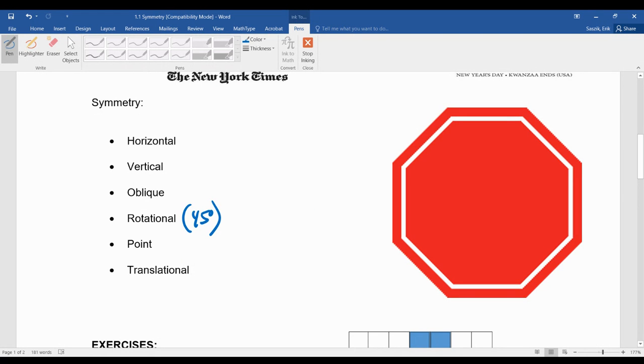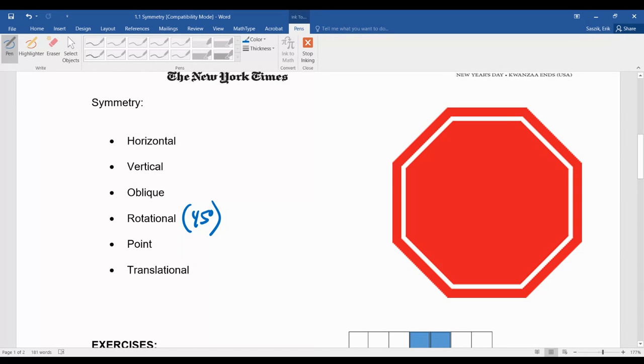This also has 90-degree rotational symmetry, but if you have rotational, you list the smallest number of degrees that are available. If the only rotational symmetry that exists is 360, we don't even say it as rotational then, okay? So rotational is something other than 360, but you list the smallest one possible, all right?